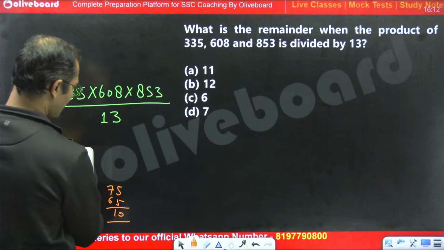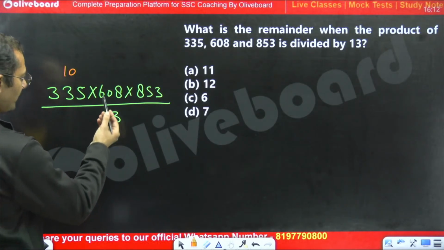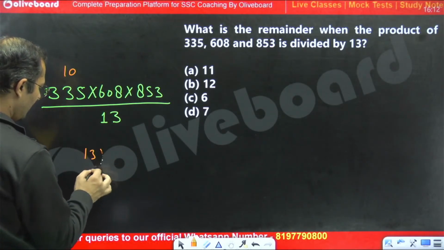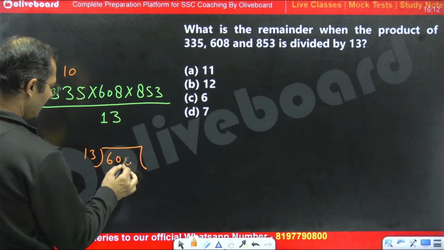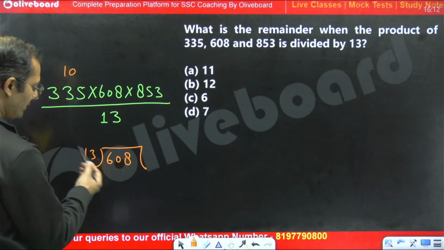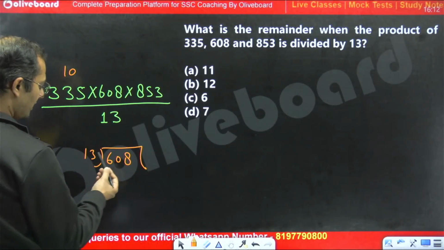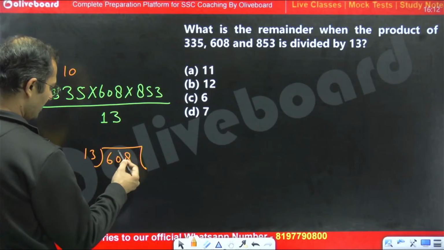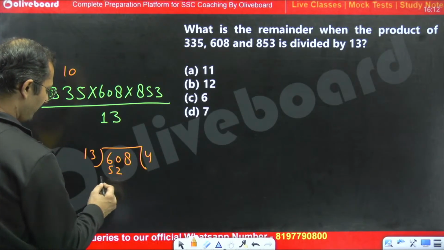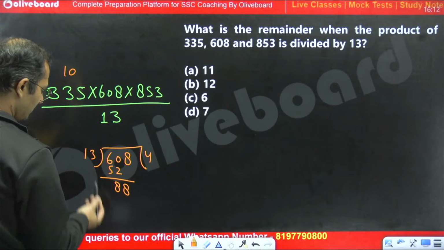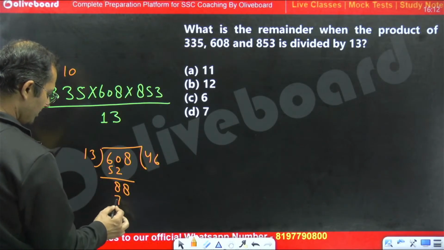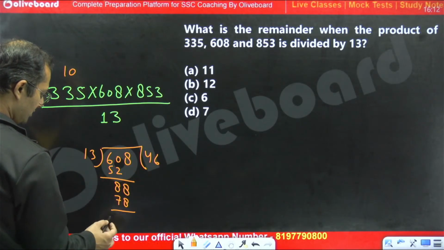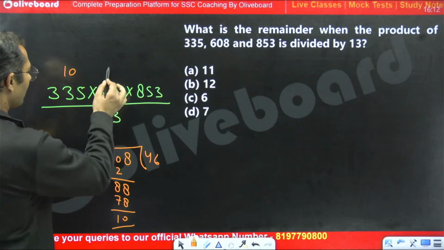So now check for the second one. So 608 divided by 13, so 13 5s are 65, 13 4s are 52, 13 6s are 78, so 10 is the remainder again.